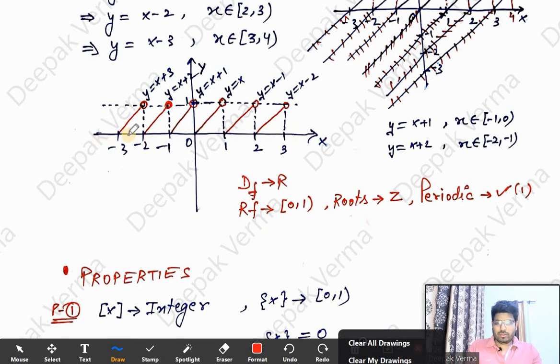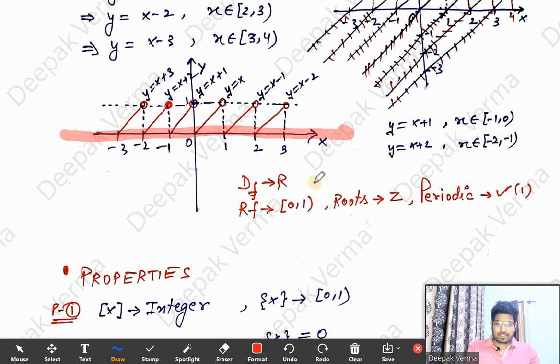This portion is covered by this line. This point is not included, but this point is included. Again, this portion is covered by this line. This point is not included, but this point is included by this line. So the entire x line is covered. Therefore, domain is R.